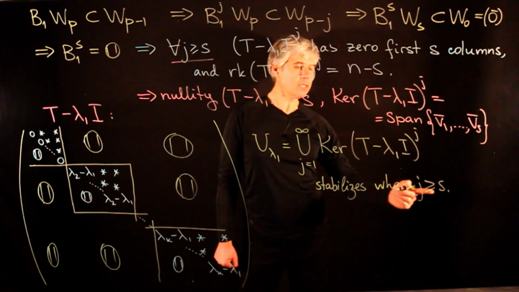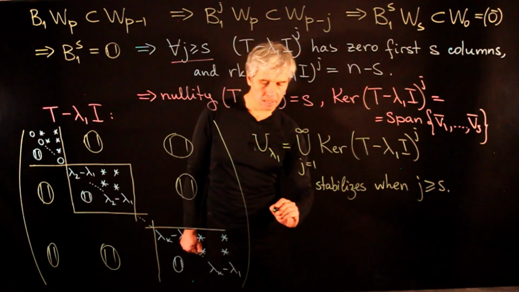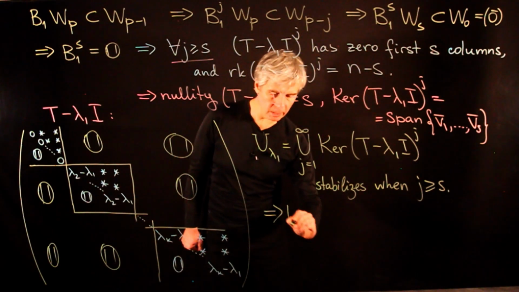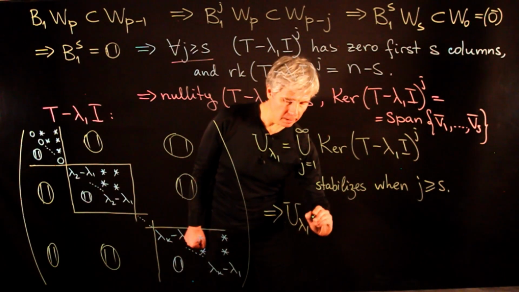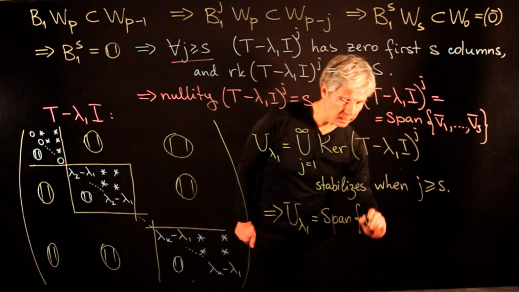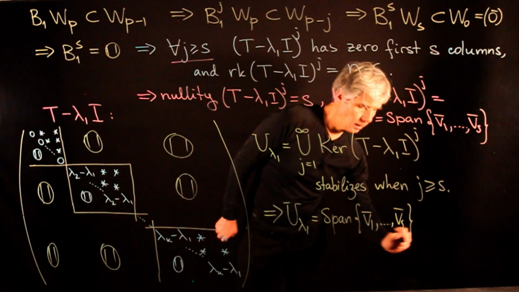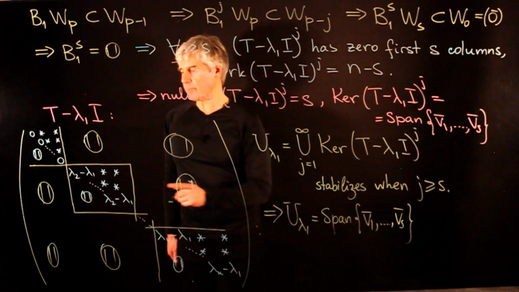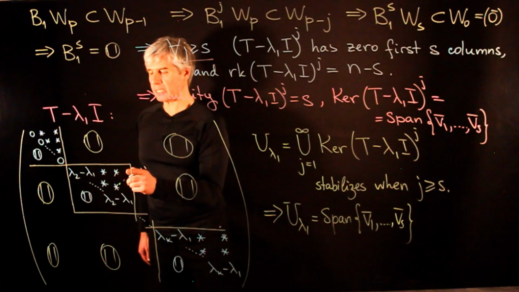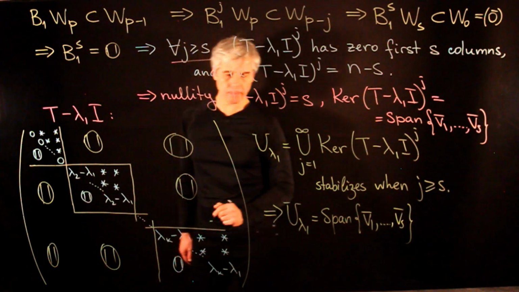So after s steps, this chain of subspaces will stabilize. And then we conclude that U lambda 1 is the span of the first s basis vectors. Likewise, U lambda 2 is the span of the basis vectors that correspond to the second block, and so on.